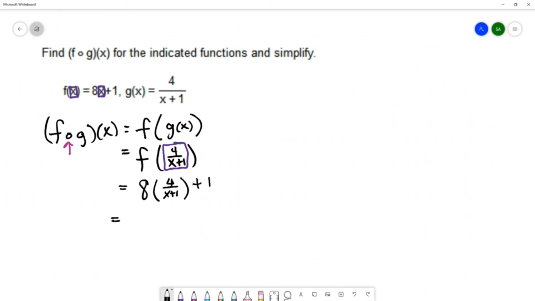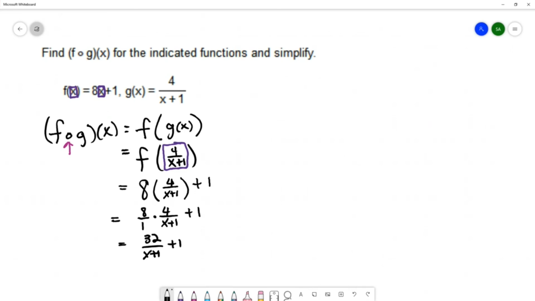When we multiply here, we consider that 8 to be 8 over 1 times the fraction 4 over x plus 1, and you multiply numerator times numerator and denominator times denominator. So this gives 32 over x plus 1, plus 1.